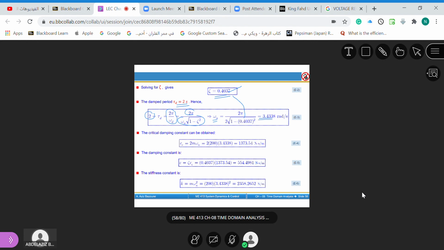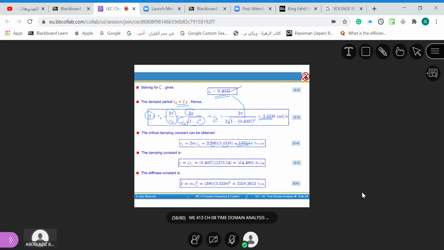We find omega n to be 3.4338 radians per second. The critical damping is 2 m omega n, or 2 times 200, the mass is given, times 3.4338. This will give you 1373.54.